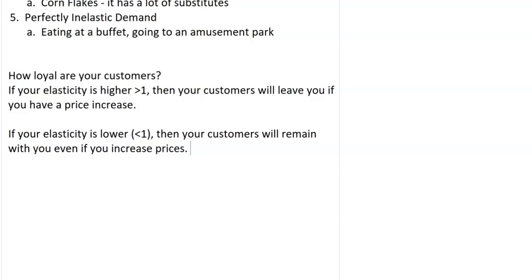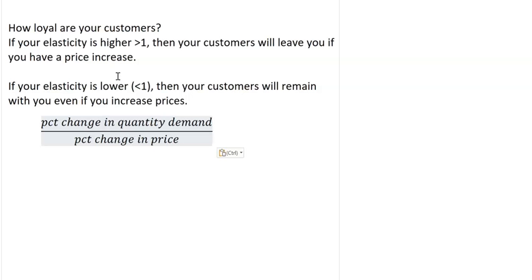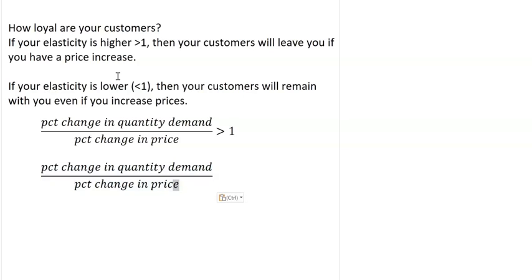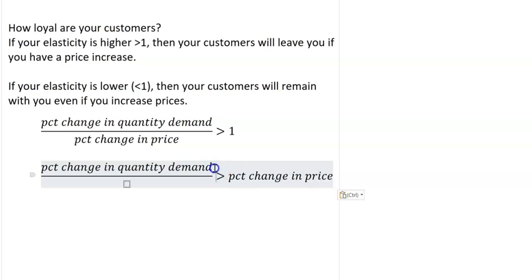Another way of thinking, so let's say you are facing some cost increases and you're thinking, should I increase prices of my product? So we know this is the formula for elasticity. Now, if you have an elastic product, which means that elasticity is greater than 1, that would imply that your percentage change in quantity demanded is going to be greater than your percentage change in price.